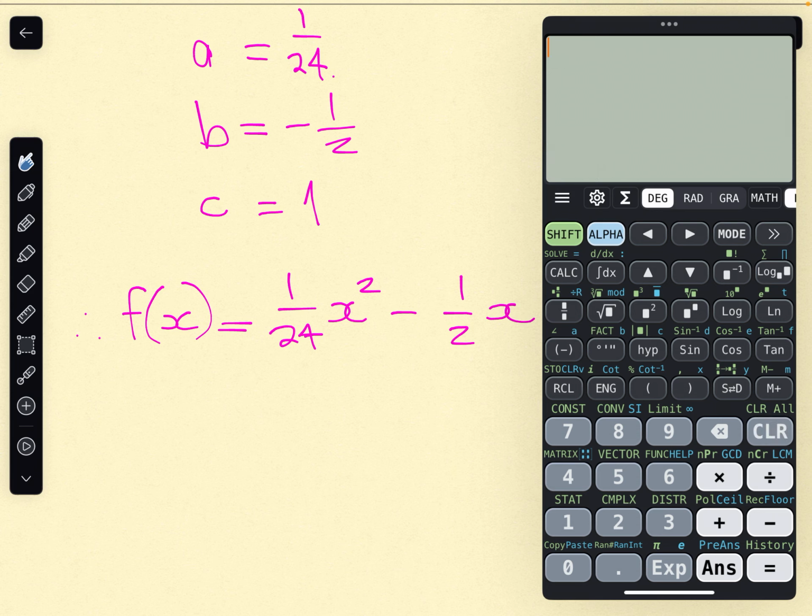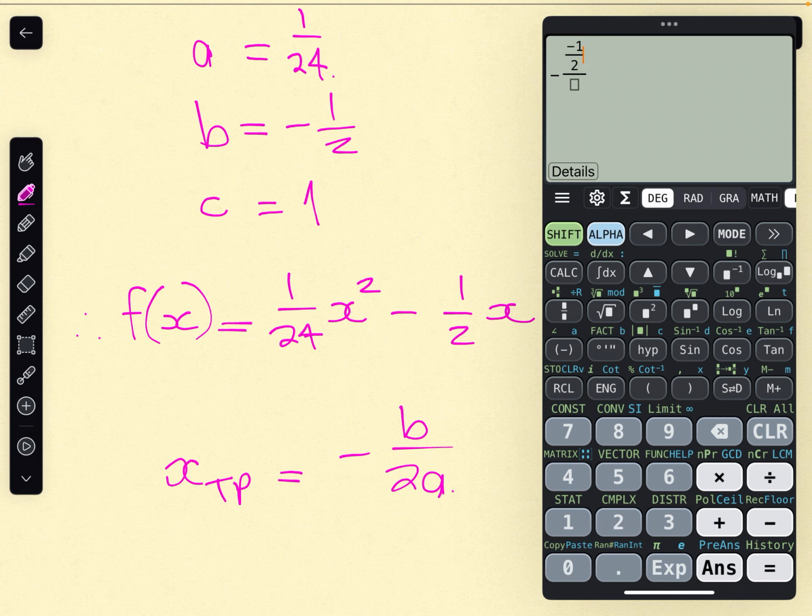And then my turning point, I'm also expecting to occur at x is equal to 6. So I'm going to use that formula that says x coordinate of turning point is given by minus b over 2a. So in this case the b will be minus a half, fraction on fraction on fraction, minus a half.